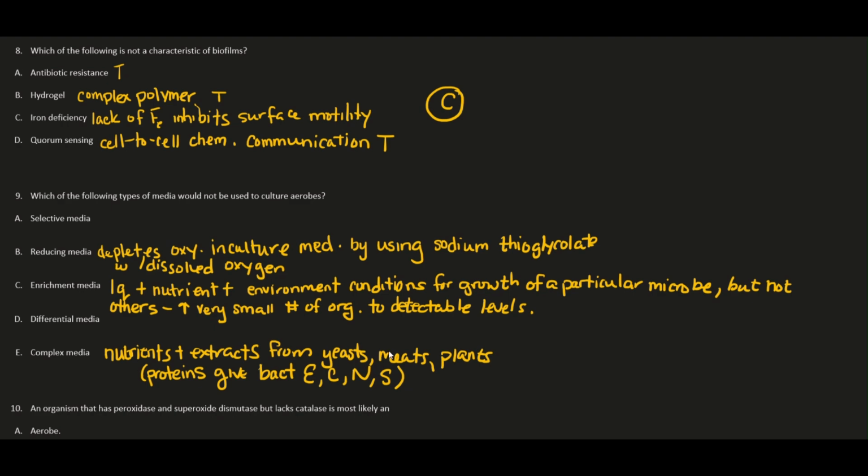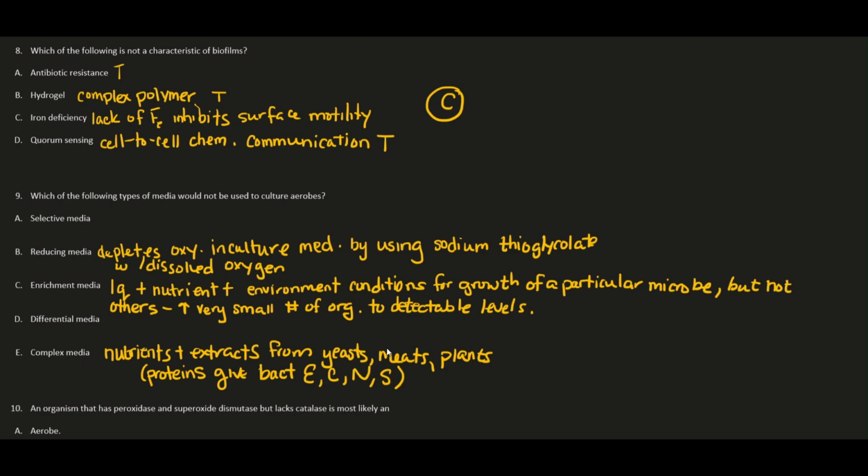So we have our definitions. We know what selective is from our previous question. Reducing, it depletes oxygen in culture media by using sodium thioglycolate with dissolved oxygen. Enrichment media, it's liquid. It has nutrients and the environment conditions for growth for a particular microbe, but not others.